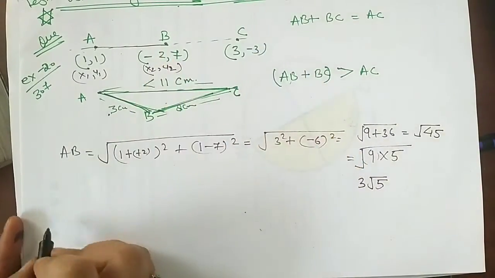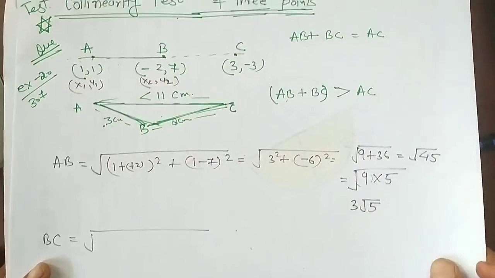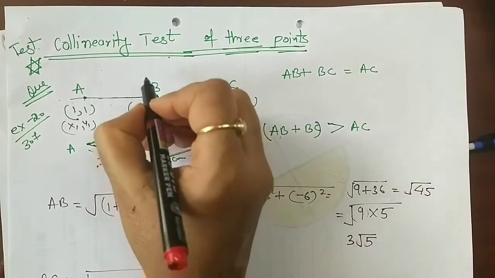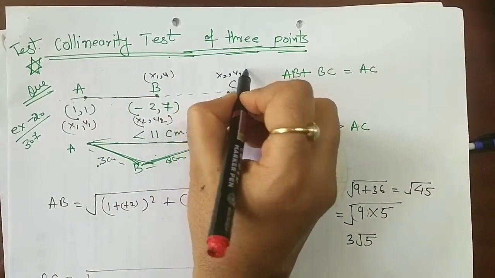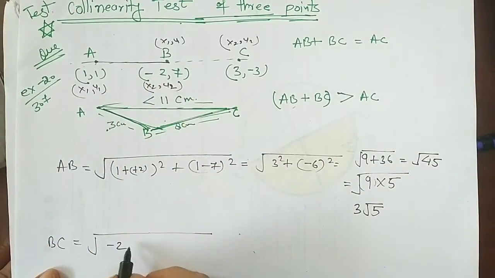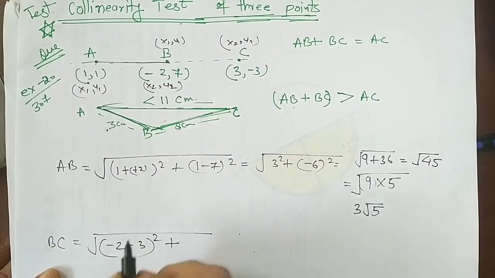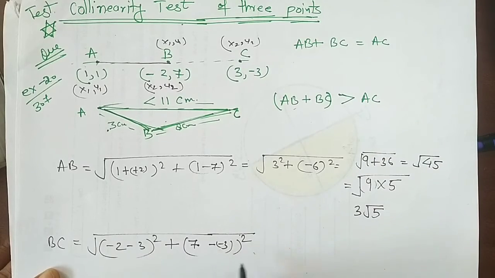Now let me calculate BC. So what will be BC, guys? Suppose this is x1 y1 just for the time being, and this is x2 y2. So let me put the formula: minus 2 minus 3 square plus 7 minus of minus 3 square. Correct. So what is it, guys?